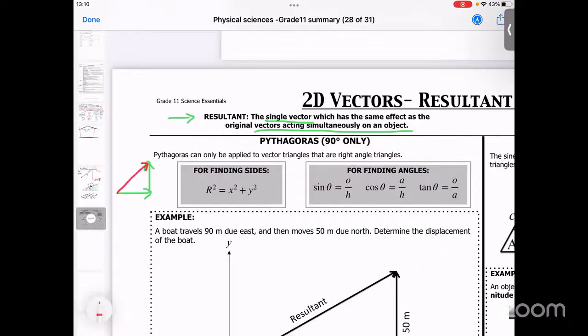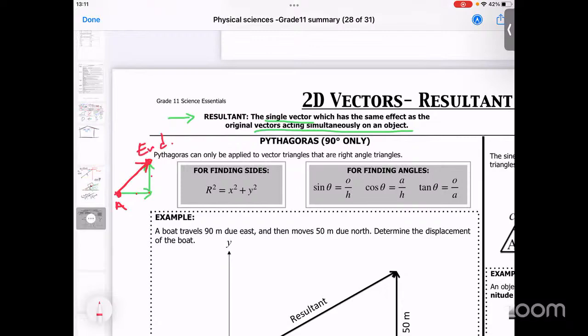So you've got 1, 2, which can be represented by a single vector. And you see, still having the same effect because it has just moved from that point A to the end point.